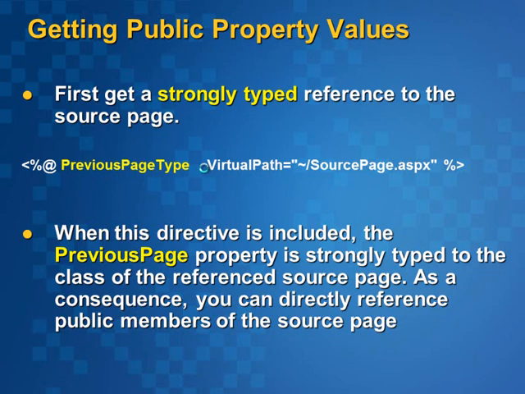There are many ways in which you can achieve it. One is by using a directive at the top of the page, that is the PreviousPageType directive. Then specify the type of page. Suppose this is my original page; if I put the PreviousPageType tag and then specify the location of the page, then PreviousPage will behave as an exact object of the source page.